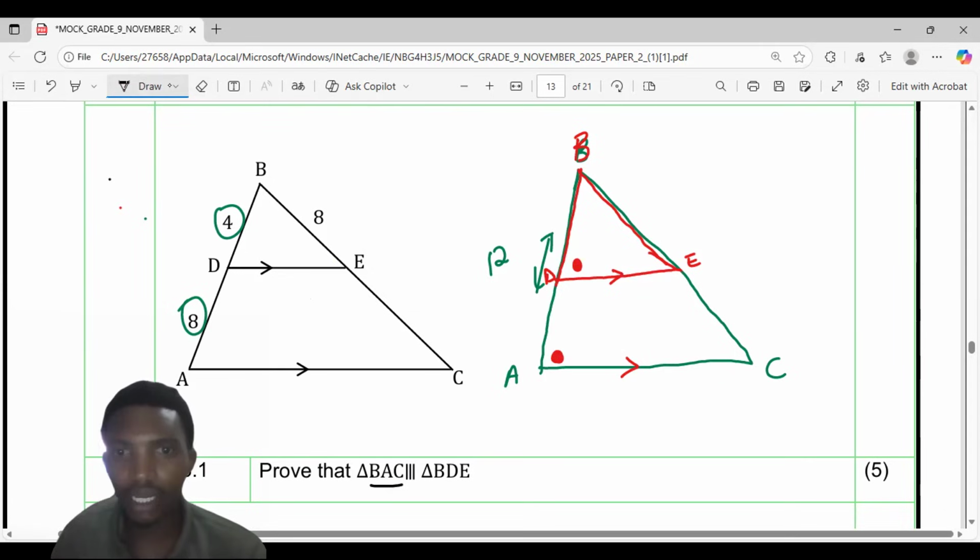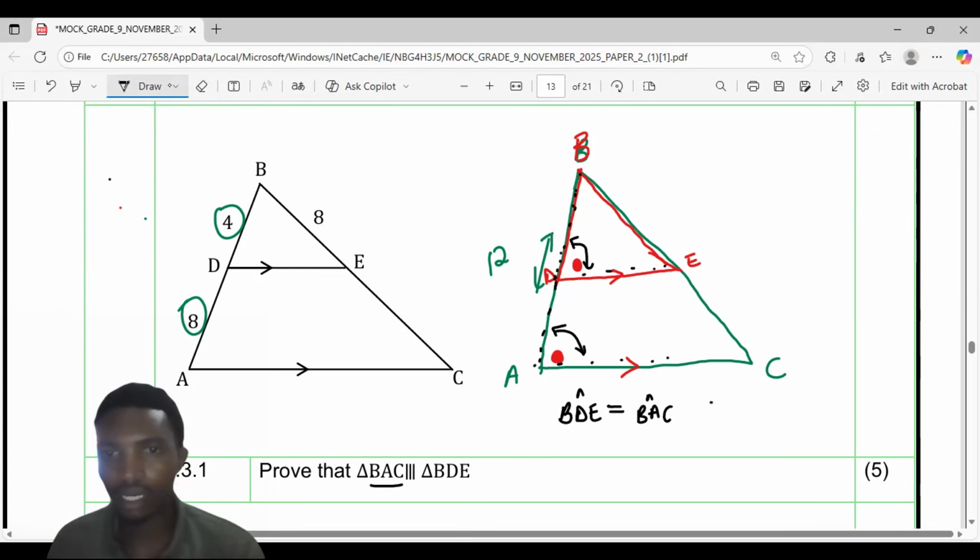We can say angle BDE, moving from B, then D, then E, is equal to angle BAC. Our reason is that they are corresponding angles because line DE is parallel to line AC.